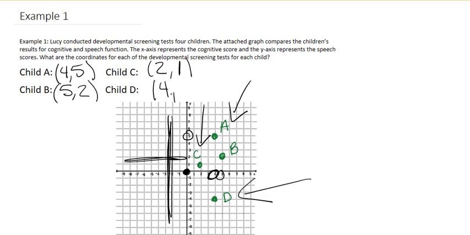However, when we look at D, we notice that we're going down from the origin. We go down 4 spots because it has -4. So we would actually include that negative sign there for the y to indicate this. So this child having a negative number would show that it has a delay in speech. So these are the coordinates for each of the children.